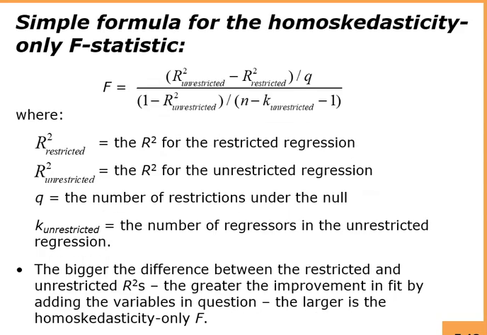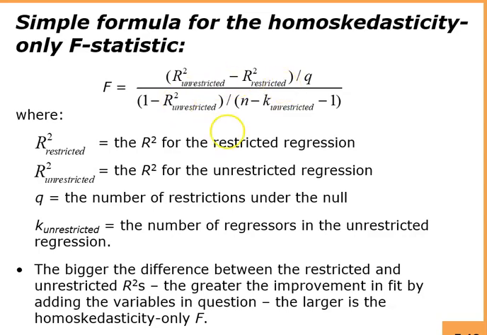So this is the formula for the homoskedasticity-only F-statistic, and you can see that we are not really concerned with the correlation coefficient anymore. We are also not calculating the t-stats. What we are doing is using the R square from the unrestricted equation, the R square from the restricted equation, Q, which is the number of restrictions, n, which is the total number of observations, and k, which is the total number of regressors in the unrestricted regression.